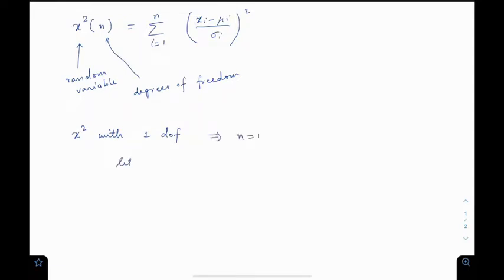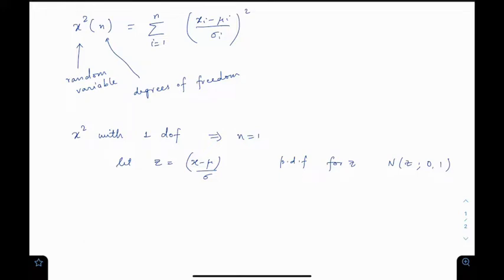We define z as x minus mu by sigma. So the PDF for z is nothing but the normal distribution for the random variable z with mean 0 and standard variance 1.